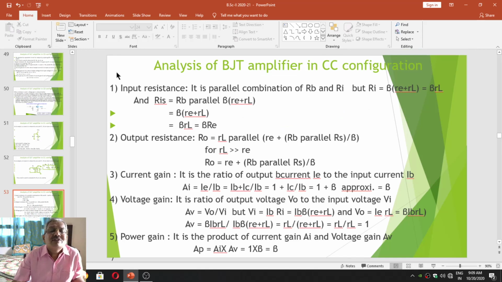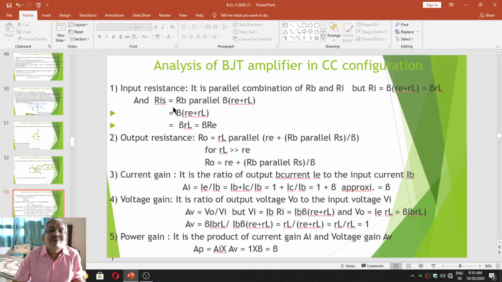the first parameter to be calculated is input resistance. If you look at that diagram, input resistance is a parallel combination of Rb and Ri. But Ri is equal to beta into Re plus RL, that is equal to beta RL because Re is very small.